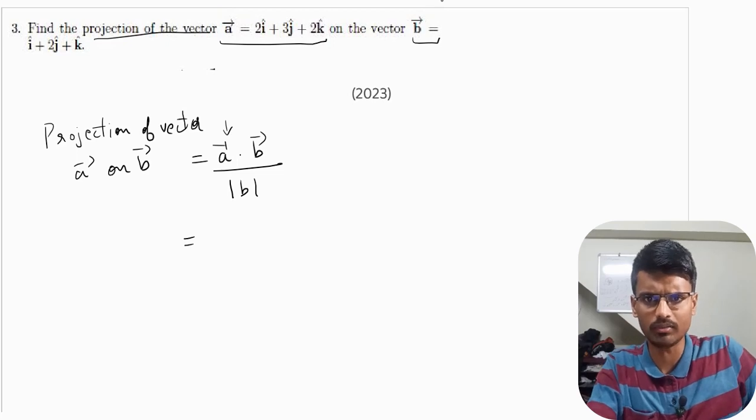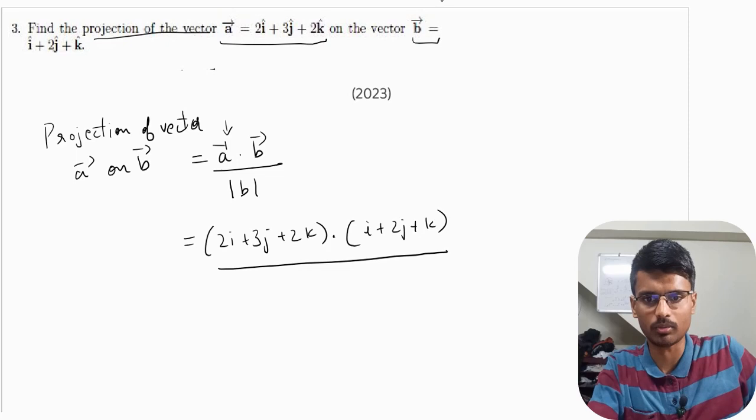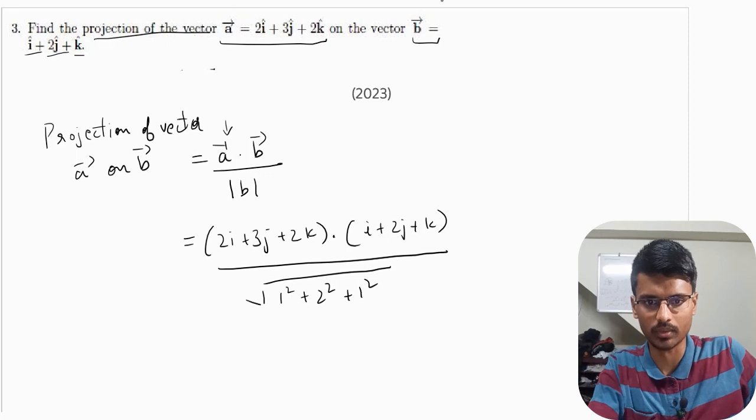So we'll be doing the dot product: 2i plus 3j plus 2k dot i plus 2j plus k. And modulus of vector B, we take the square of each of the components. In vector B we have 1, 2 and 1. So 1 square plus 2 square plus 1 square. Dot product we just multiply: 2 into 1 is 2, plus 3 into 2 is 6, and 2 into 1 is 2.